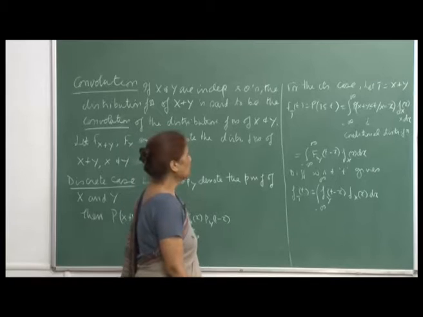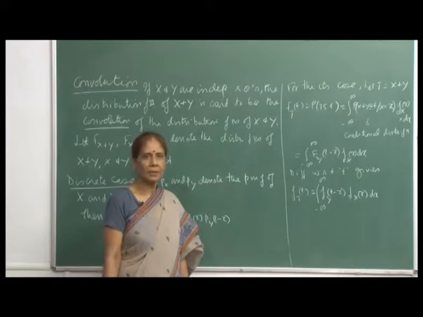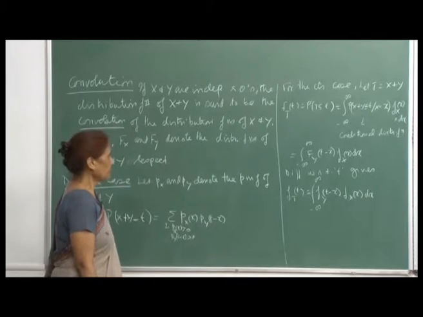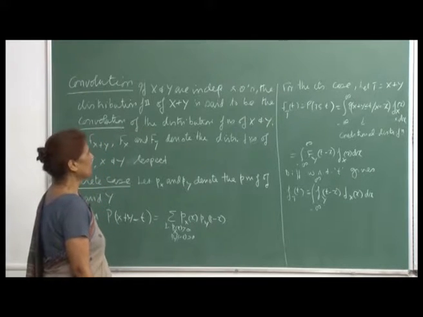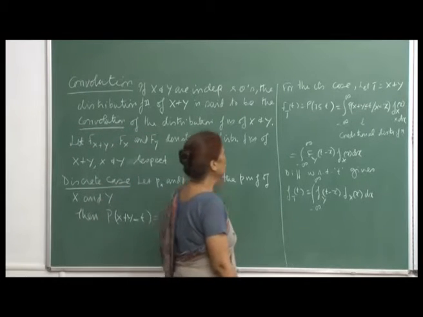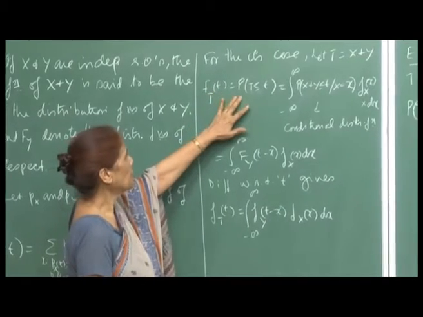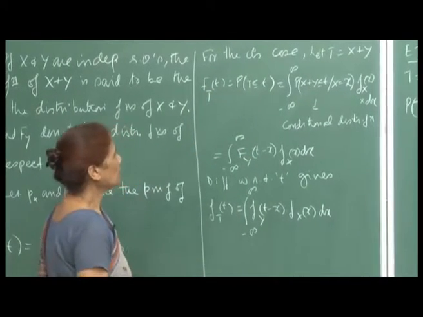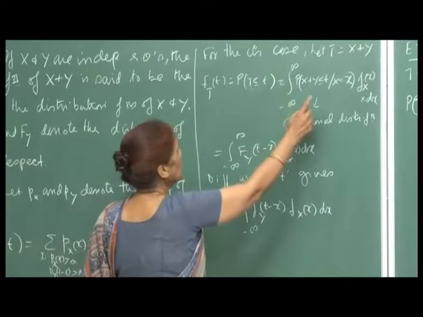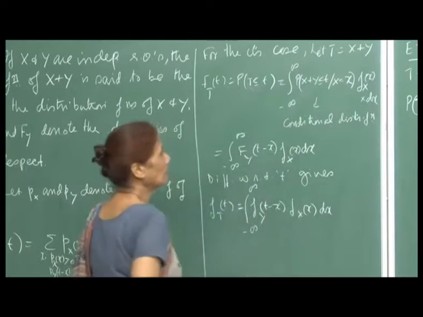Similarly, for the continuous case, that means when both X and Y are independent continuous random variables, let T denote the sum of the two random variables, that is T equal to X plus Y. Then your distribution function for T at small t is the probability that capital T is less than or equal to t, and this we can write as the integral from minus infinity to infinity of the probability that X plus Y is less than or equal to t, conditioned on X equal to x.